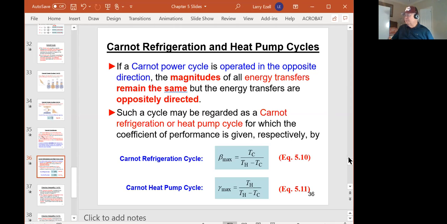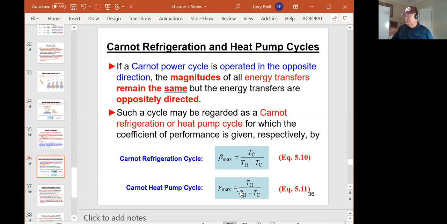The maximum efficiency of this cycle is based only on the temperatures of the reservoirs, TC over TH minus TC. For a refrigeration cycle, we use TC because that's what we're interested in, cooling something. Now, when we go to a heat pump cycle, what we're interested in is heating something, getting heat out of that cycle.